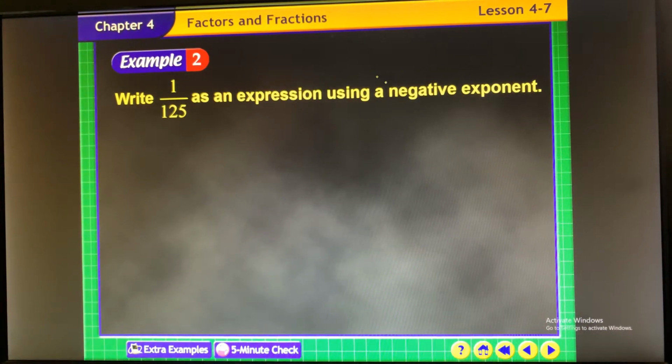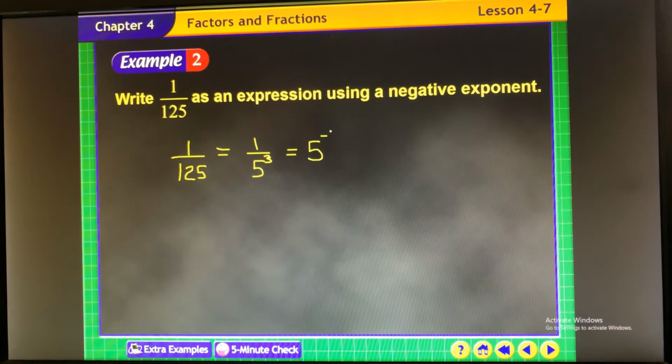So now we're going to reverse it. That means I have 1 over 125. I know that's the same thing as 1 over 5 cubed. In order for me to make a negative exponent, I bring it up from the denominator and put it in the numerator. Just like that. So we're reversing what you just learned.